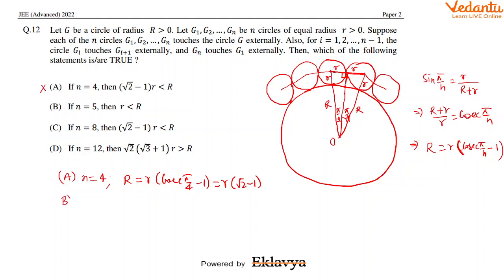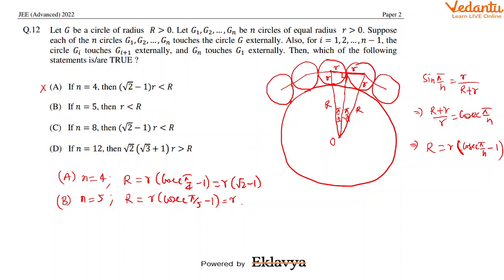Considering option B, n is equal to 5, R is equal to r times cosec pi by 5 minus 1. Pi by 5 is 180 by 5, that is 36 degrees. So we have to check the option for n equal to 5, whether small r is less than capital R. Taking an angle close to 36 degrees, we can take the angle pi by 6, that is 30 degrees.